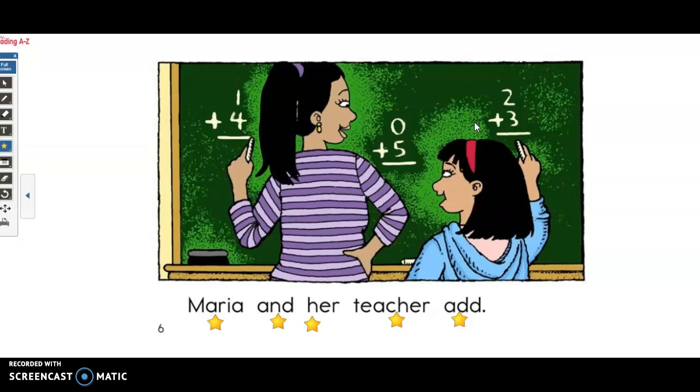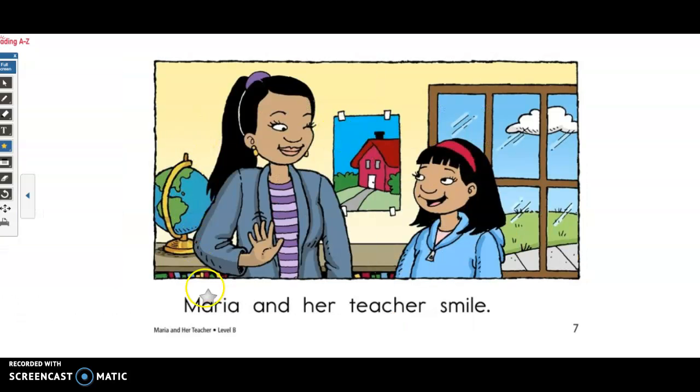Let's do one more. Maria and try to figure out this one. I notice a blend. Remember, when we have two letters that aren't vowels next to each other like this, it's called a blend. So put them in a mixing bowl, mix them together.